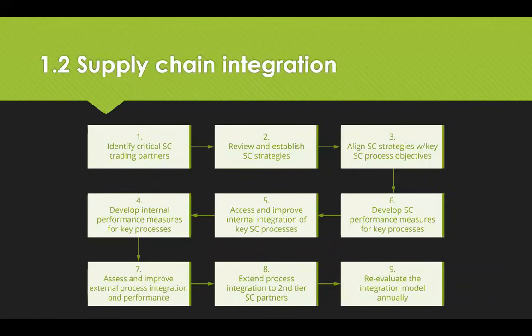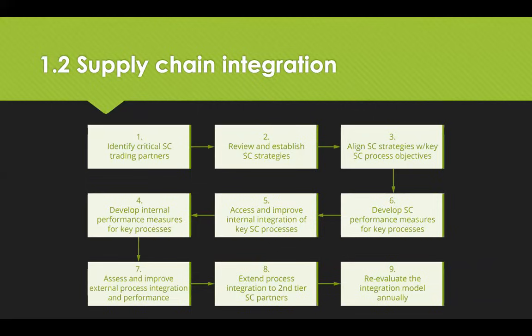Now, integrating your e-systems across the organisation and its supply network is again a challenging thing to do. So here you can see a 9-step model designed to achieve supply chain integration. Step 1, identify any critical supply chain partners. Step 2 and 3 is to develop those supply chain strategies aligned to your business objectives.